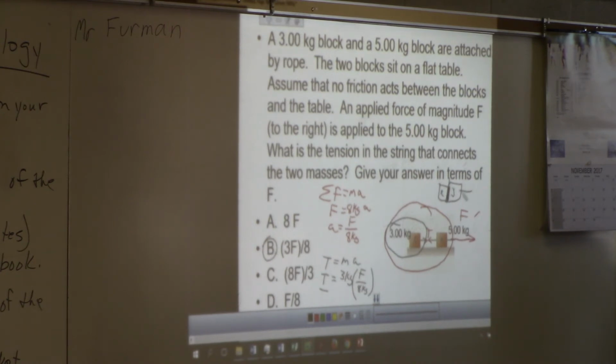If you're pushing in this direction, the force here is going to be 40% because it's only pushing 2/5 of the total mass. But if you're pushing in this direction, the force here is going to be 60% because now you're pushing 3/5 of the total mass.